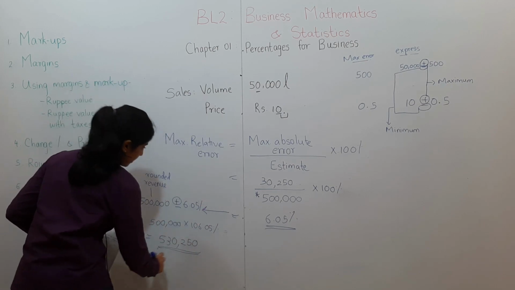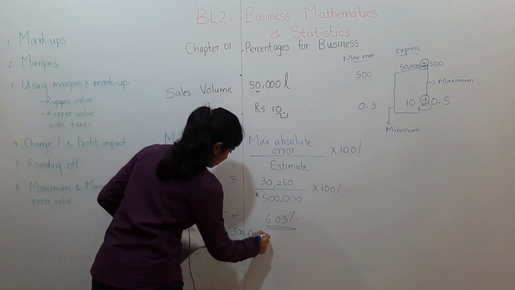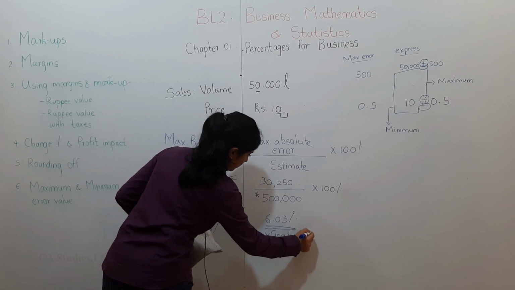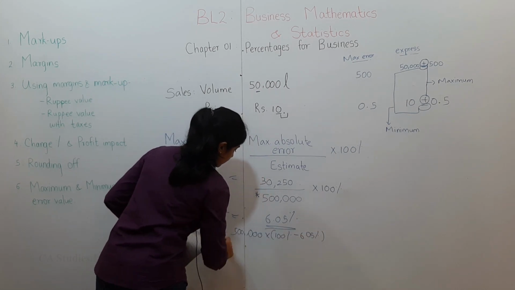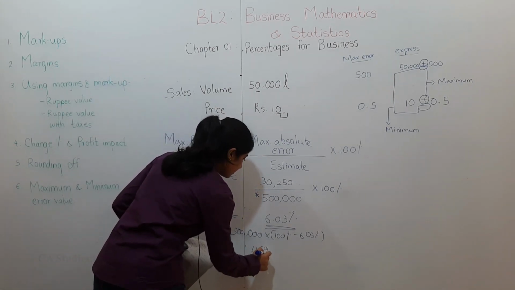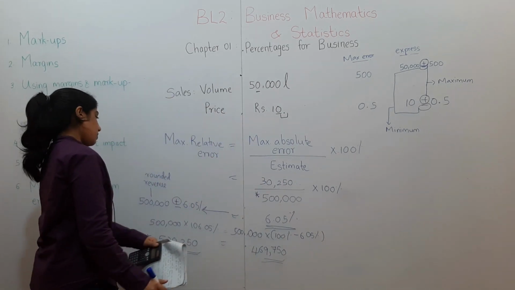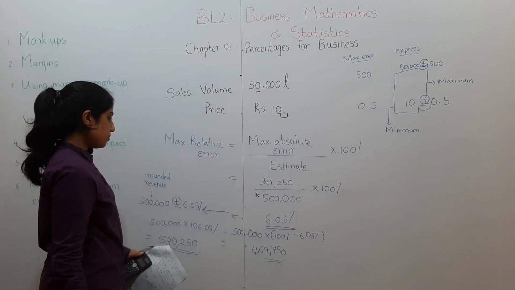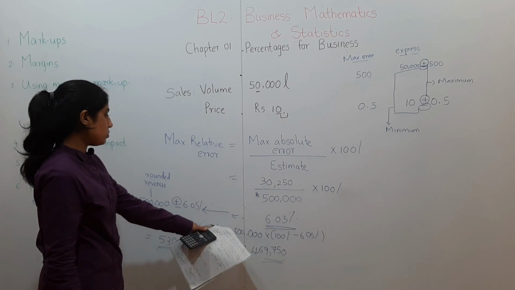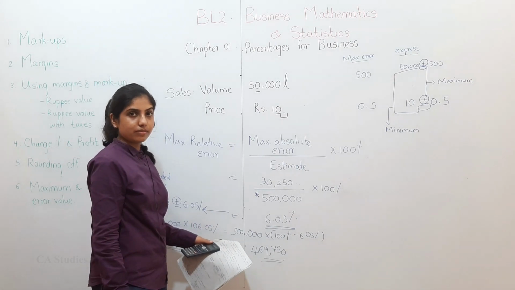When you take the minus side of it, 500,000 into 100% minus 6.05%, then the answer is 469,750, which is not the actual, but it is very close to 500,000. That conclusion we can give.